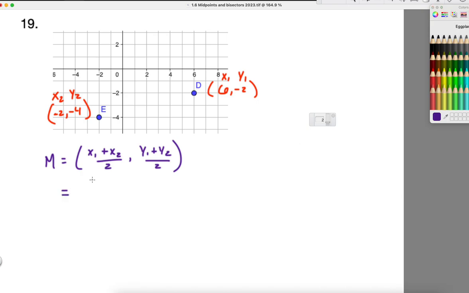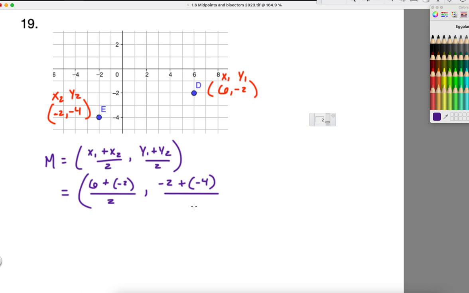So we got 6, which is x1, plus negative 2 over 2, comma, y1, negative 2, plus y2, which is negative 4. Notice how I'm using parentheses with my negatives.